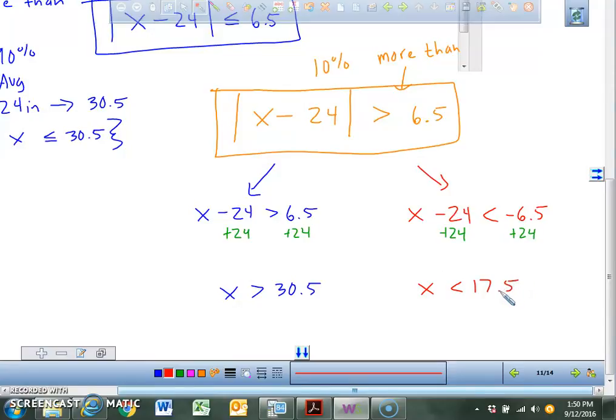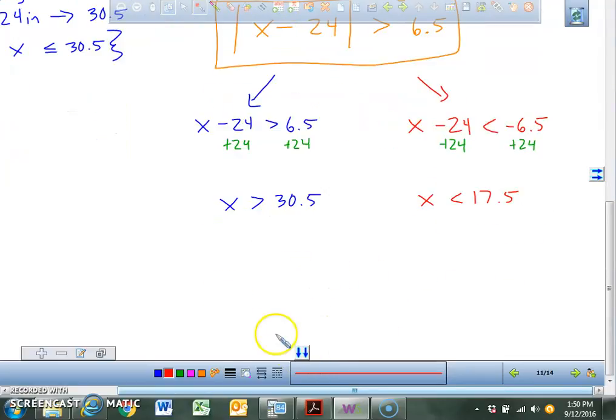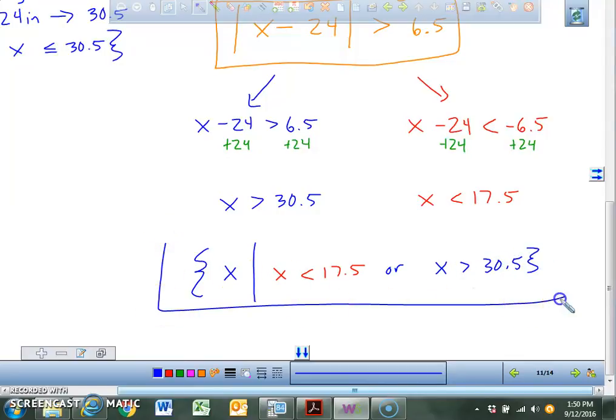So we have the set of all x values such that x is less than 17.5 inches of rain, or x is greater than 30.5 inches of rain. This is your set builder notation for the 10% rule.